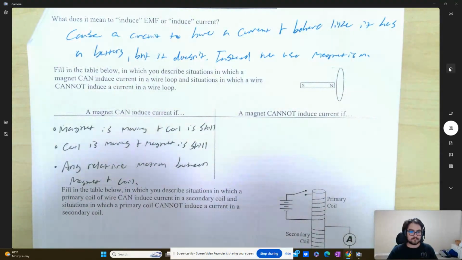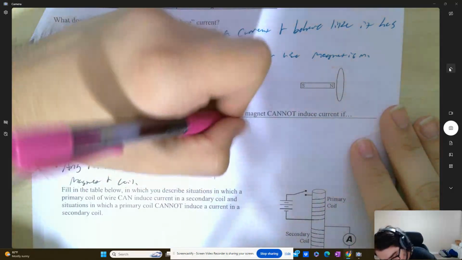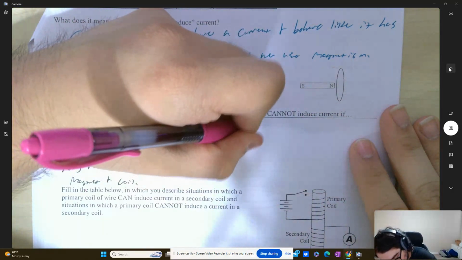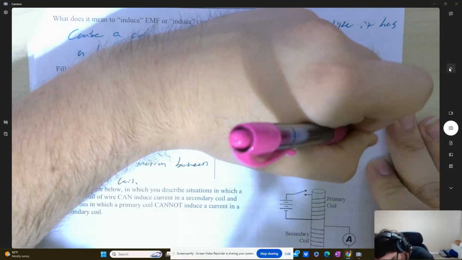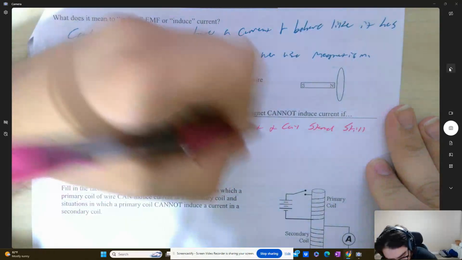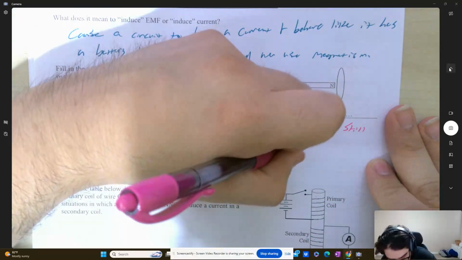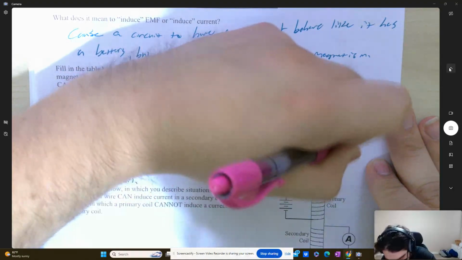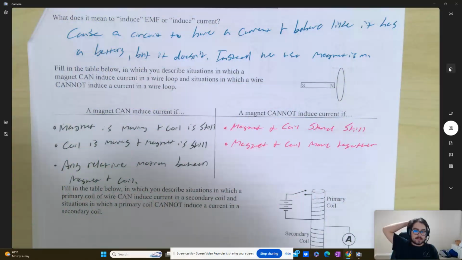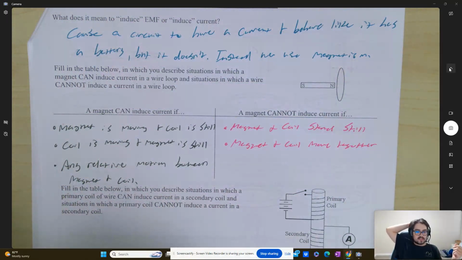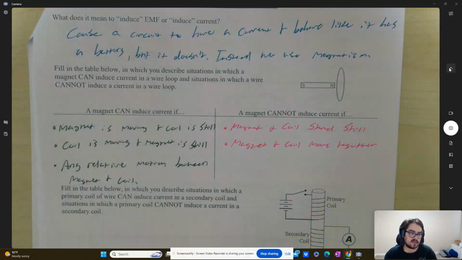Okay? A magnet cannot induce current if they're both standing still, or if they move together. So if the magnet and coil are moving together or they stand still, in other words, no relative motion, then there cannot be any current induced, right?